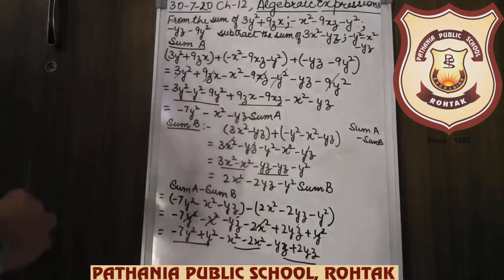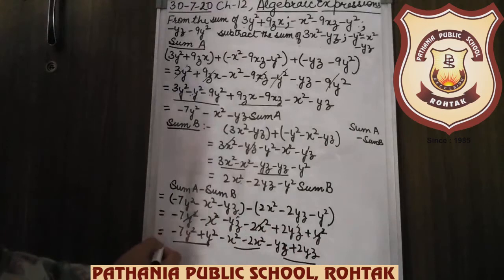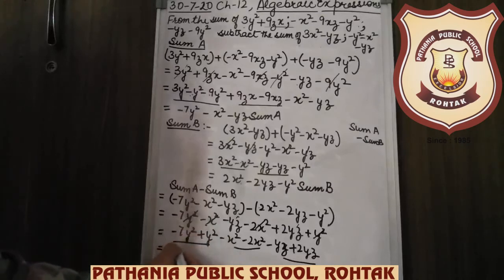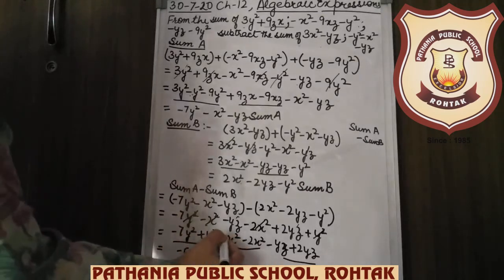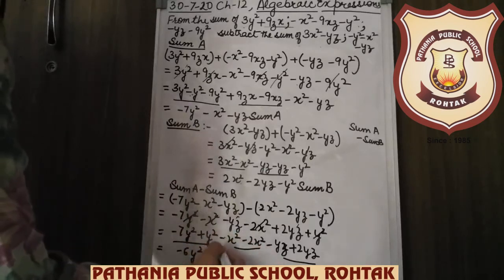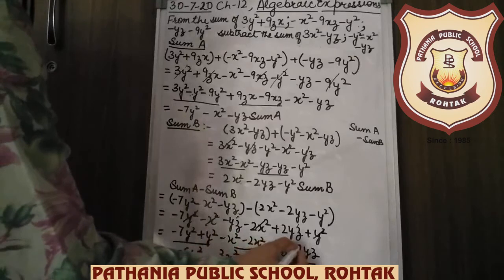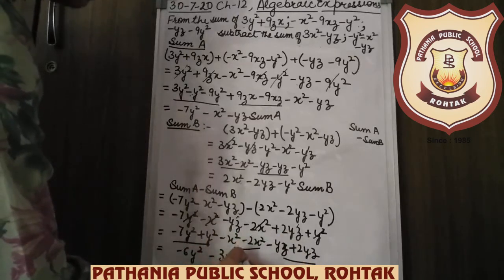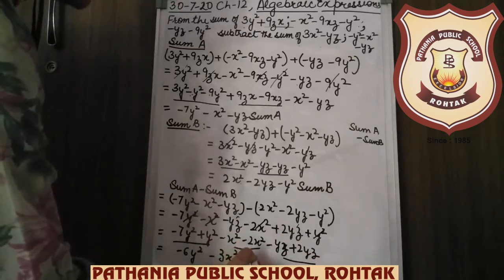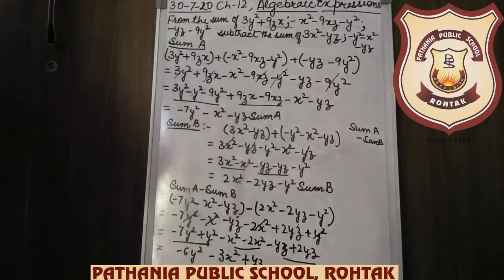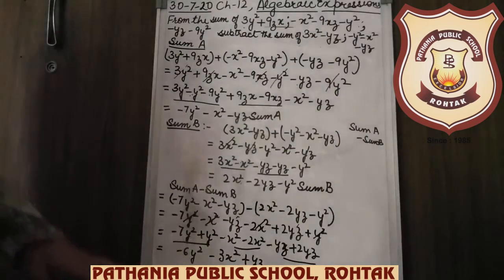So you have a group of 3. So this is 7 minus 7 and plus 1, minus 6y square, minus 1 and minus 2, minus 3x square, and minus 1 and plus 2, 1, which we don't write, it is positive 1, so we'll write yz.